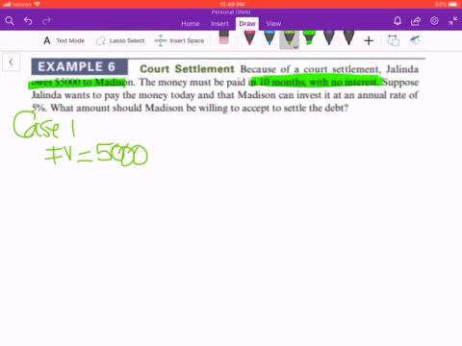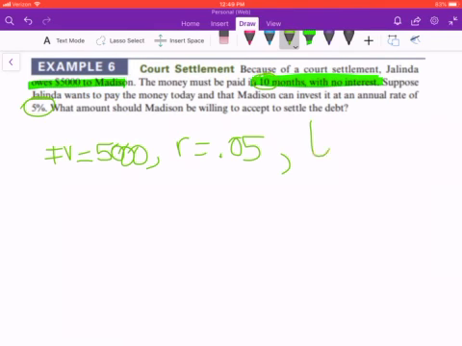And we're going to have the rate actually here. And I'm sorry, this is not the one with two cases. The rate will be at 0.05. And the time is going to be 10 months.